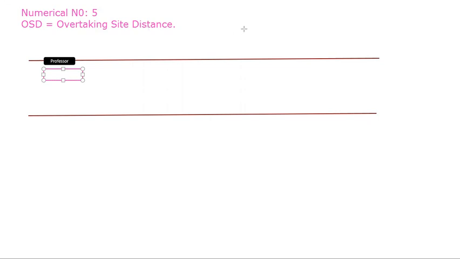After that, this is your vehicle B. And this is your vehicle C coming from this side. So this is going in forward direction. This is also going in forward direction.